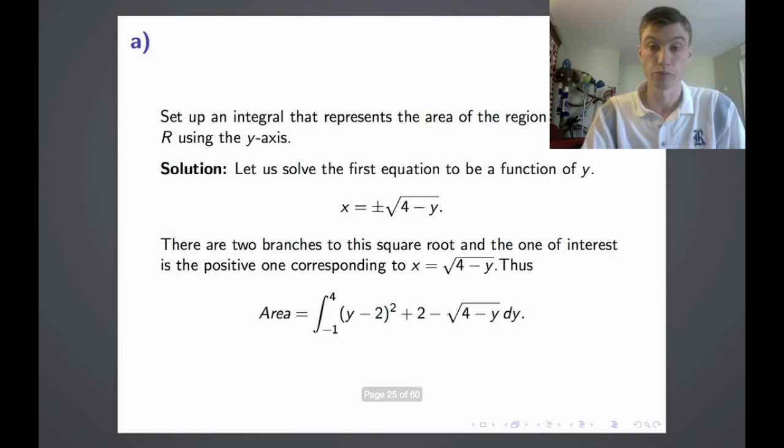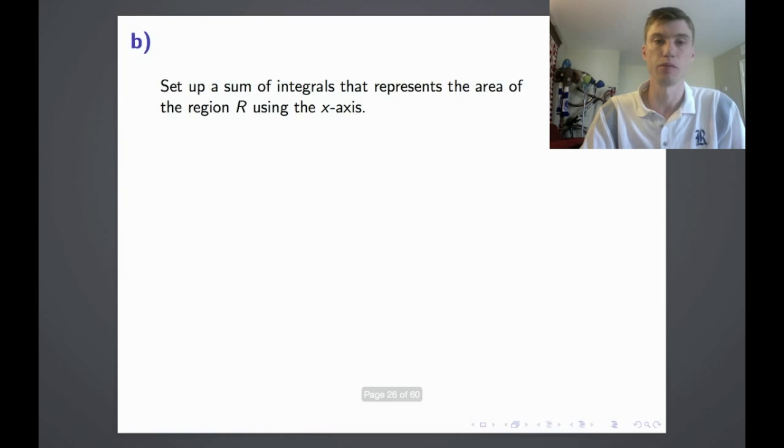So our area will be given by the integral from negative 1 to 4 of (y minus 2) squared plus 2 minus the square root of 4 minus y, integrated with respect to y. That's part A.